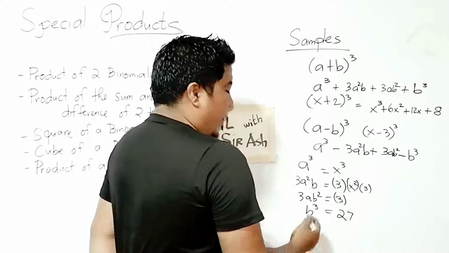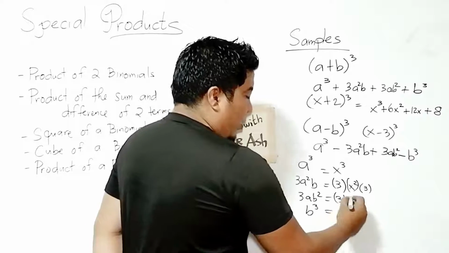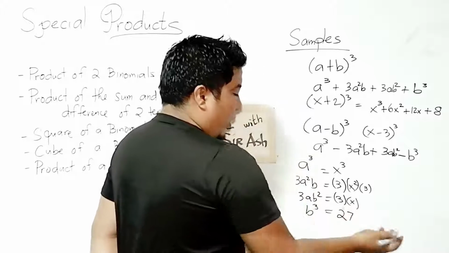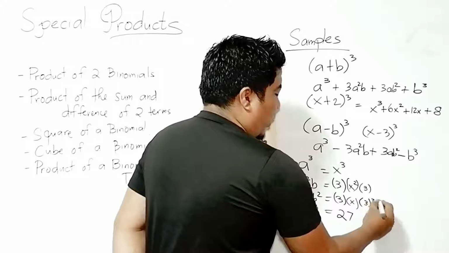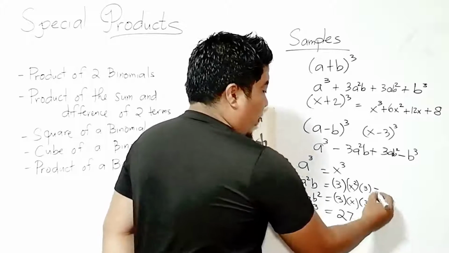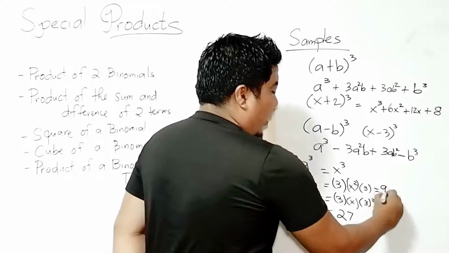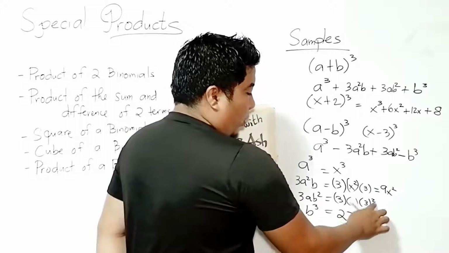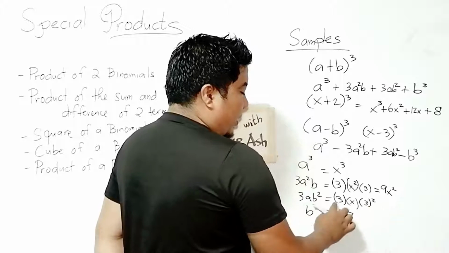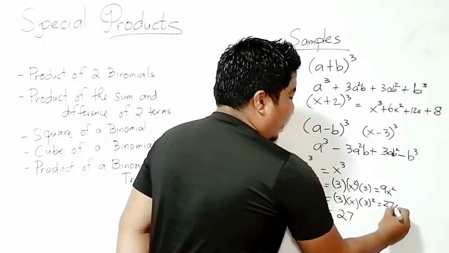And then, for this term, our x is a. That is only 1. And b squared, that is b times b. So, that is 3 squared. If you simplify this one, you have 3 times 3, 9, times x squared, 9x squared. For this one, 3 squared is 9. 9 times 3, that is 27, times x, that is 27x.